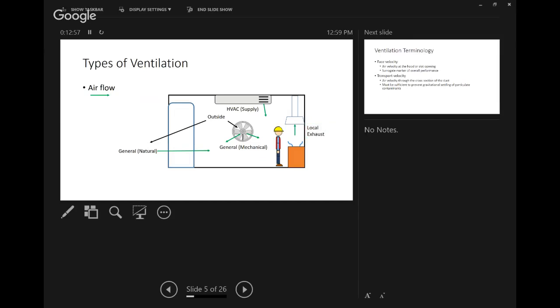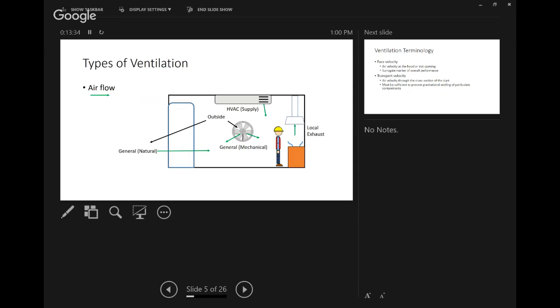And then local exhaust. There is one issue with this local exhaust ventilation system. What do you think? It is far away from the source, which would be what would be ideal.